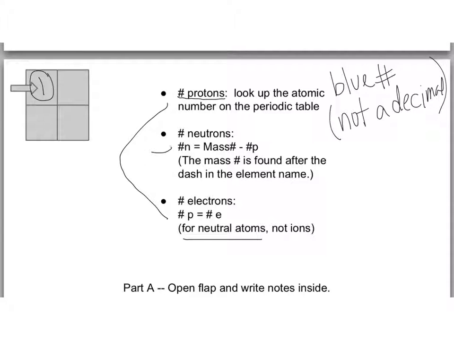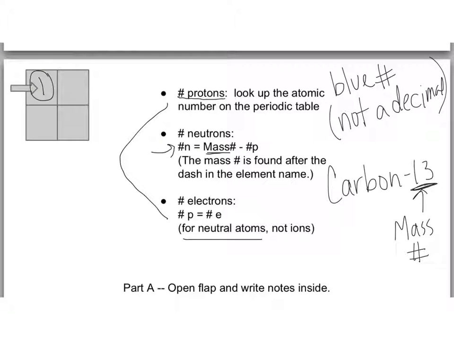When you want to find out the number of neutrons, you'll take your mass number, and I'll give you an example of what that is. If we have something called carbon-13, we see that this particular carbon example has a mass number of 13. It's found after the dash.